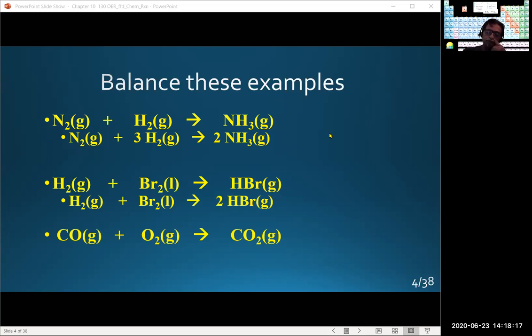All right. Here, maybe a little more challenging, but we'll see. Okay, so we got carbon monoxide in the presence of oxygen to give you carbon dioxide.